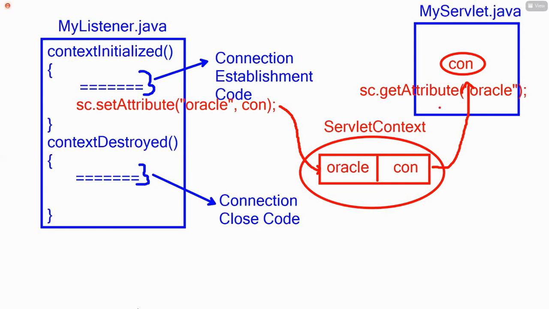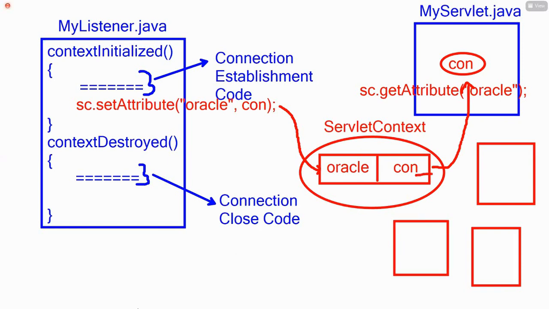This object we are using here. This object, not only in this servlet, other servlets also can use, n number of servlets. One connection object can be used by all servlets in that WAR file, in that web application.